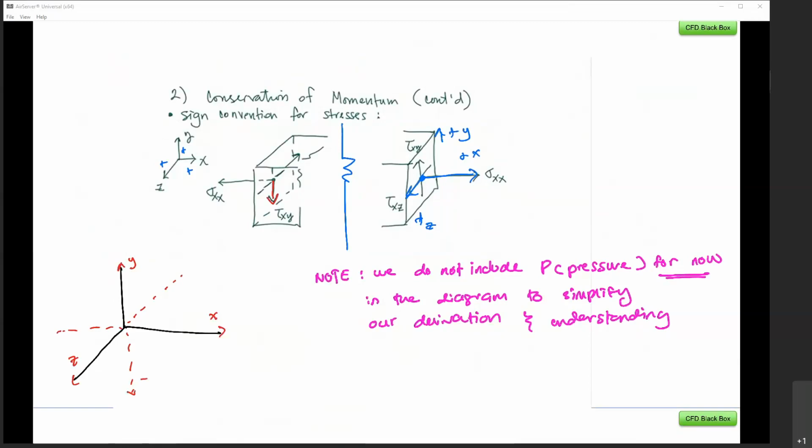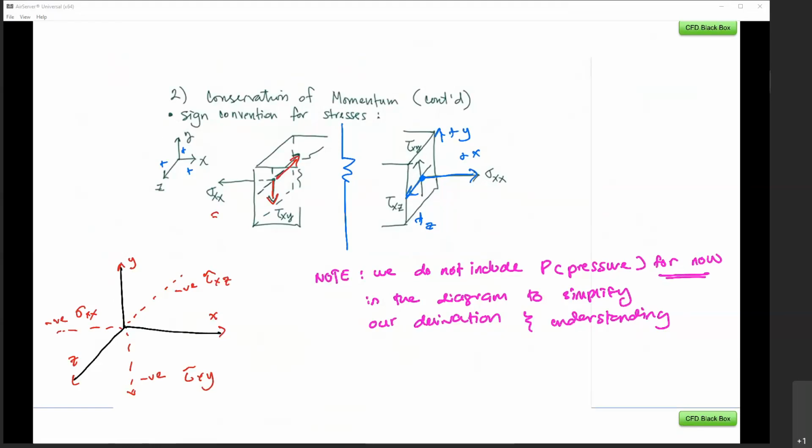Then we have tau xz towards the back, so this is negative tau xz. And finally, sigma xx is to the left, so sigma xx is negative because it's moving to the left. So that's the sign convention.